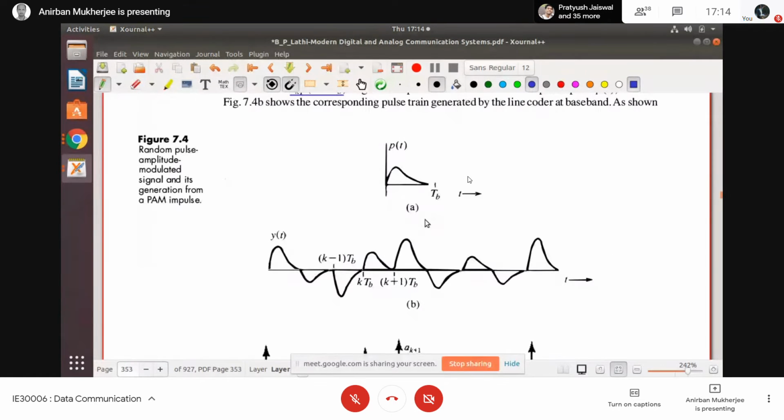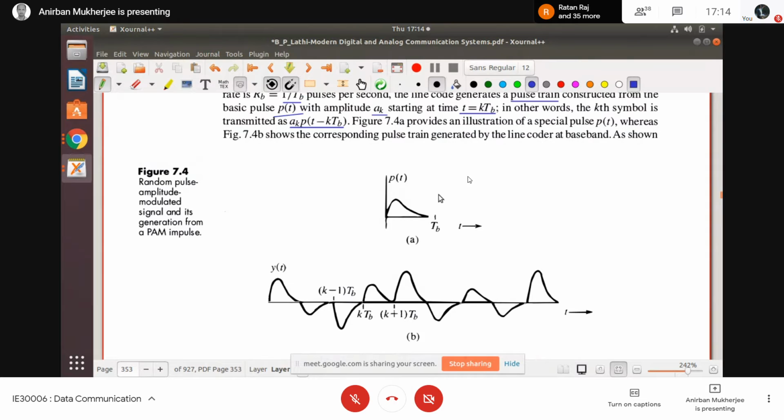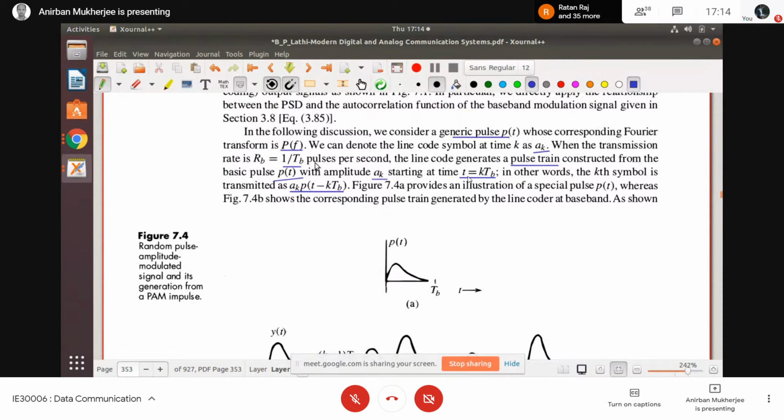Say I have taken a p(t) something like this. Forget about B. You see that T_b is the pulses per second, rather I can write it as 1 by T kind of thing. They have done something, so this is an unnecessary confusion.